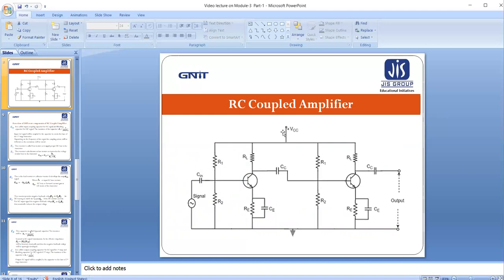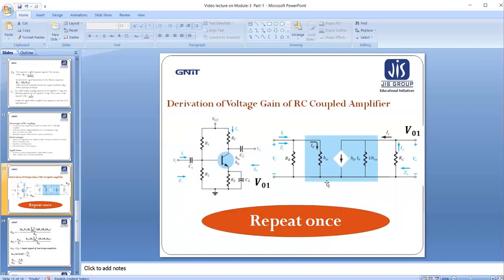So during the AC analysis, when VCC is grounded, this R1, R2 and the hie will be in parallel with this RL, because you have seen that hie is parallel with RB. RB is the parallel combination of R1, R2. So R1 parallel R2 is in parallel with hie. This case is repeated during the signal coupling to the second transistor.